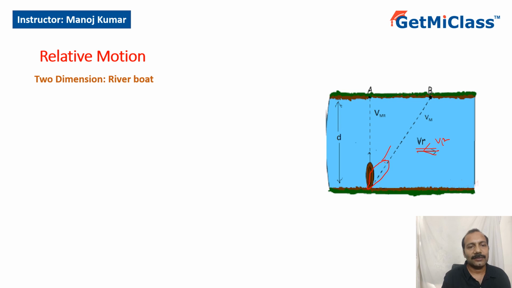This is velocity of boat with respect to river, and this is velocity of river with respect to ground. Let's say it has to move at an angle theta. From the figure I can say sine theta should be equal to VRG by VBR. So I can find out the angle at which it has to be rowed. This is the condition for minimum displacement.